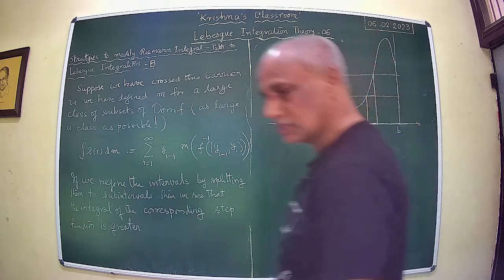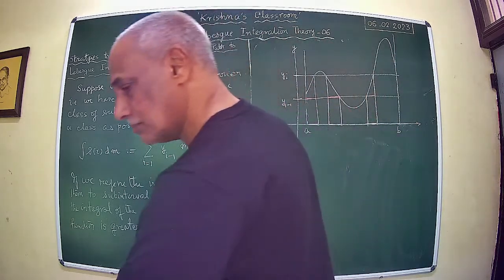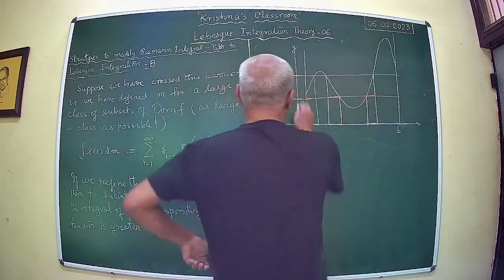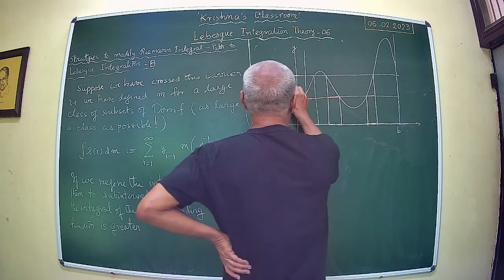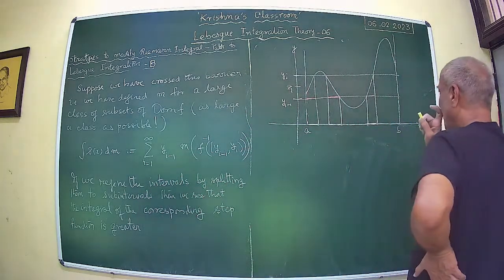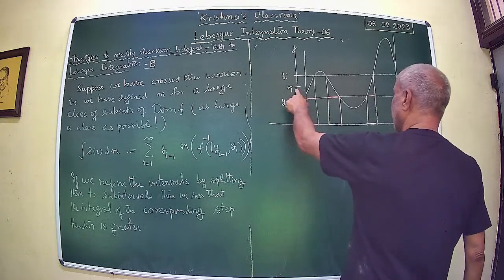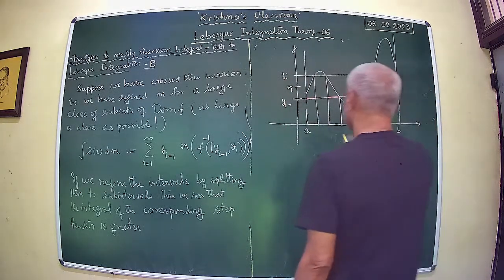But suppose we introduce an intermediate point z i. Then look at the pullbacks of y i minus 1 to z i and z i to y i.